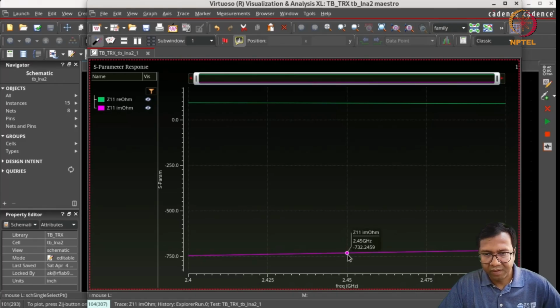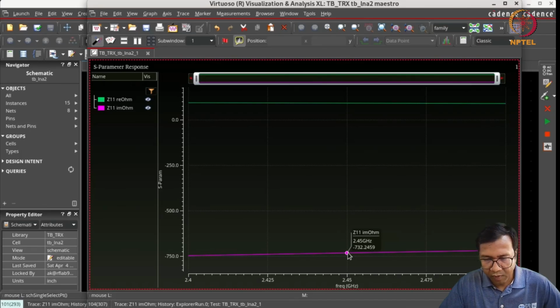But a more concerning issue is this huge reactive impedance. Now to compensate this high reactive impedance, we may have to use a high value of series inductance at the gate side. This series inductance we can use as an off-chip inductance, because off-chip inductance will have a very high quality factor, but the constraint is that those off-chip inductances cannot be very high.